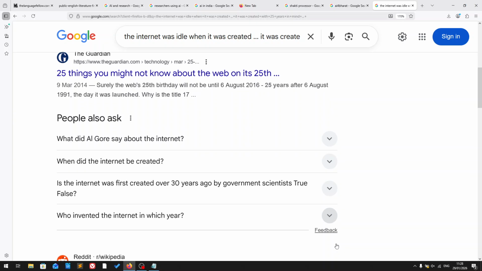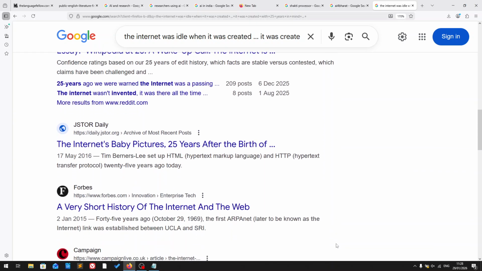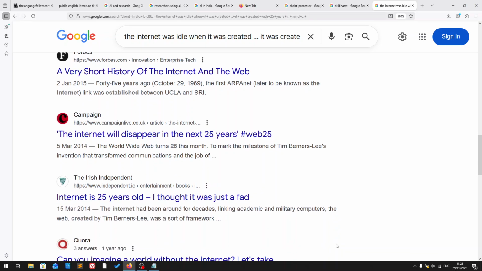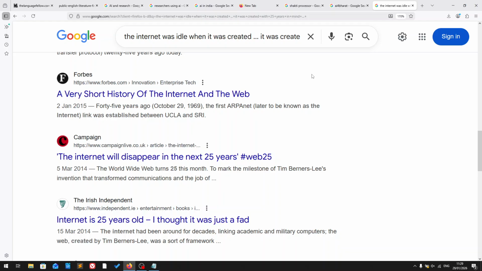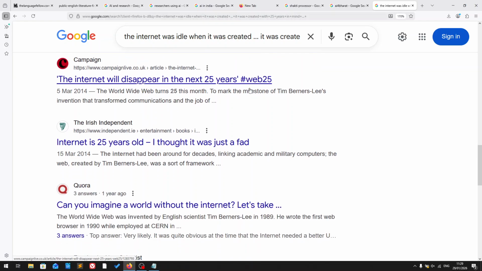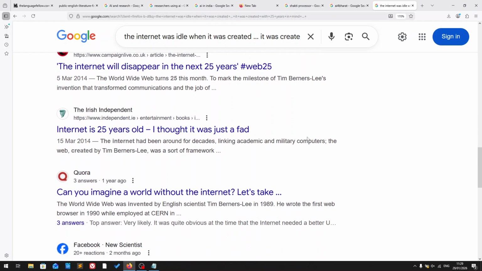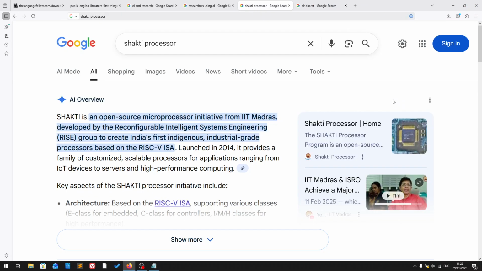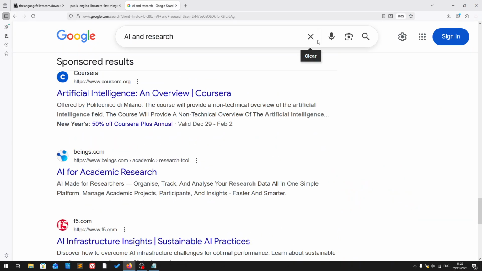So this would be a good read, a very short history of the internet and the web. So you can go into these debates, and we'll talk about this some other day.